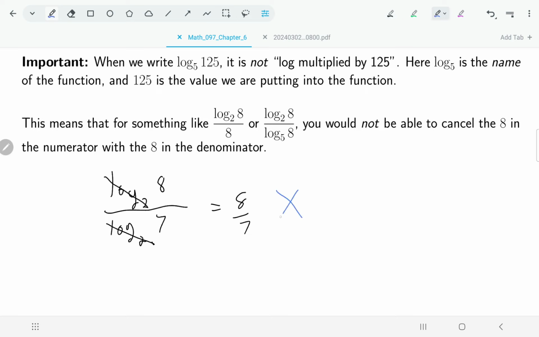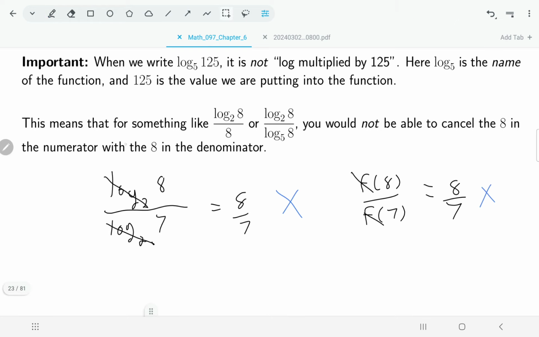And that would be completely wrong, because it would be the same reason why you couldn't, with a function, take f of 8 and divide it by f of 7 and say we're going to cancel the f's and be left with 8/7. In the same way, you couldn't cancel the f's because that's the name of the function. We can't cancel the name of the function. Here, log base 2 is the name of the function. We can't cancel it for the same reason. So too bad for that.